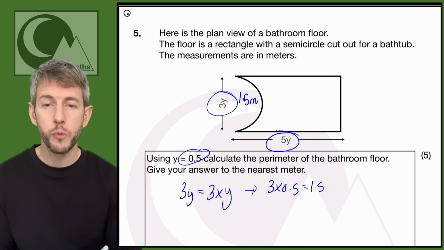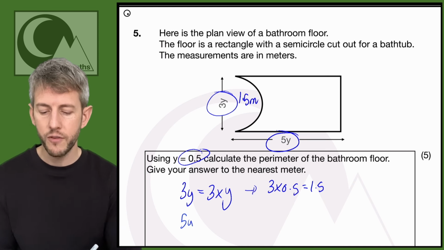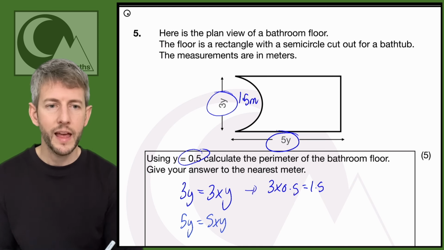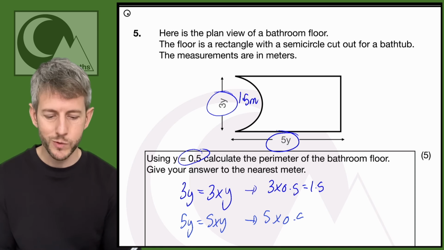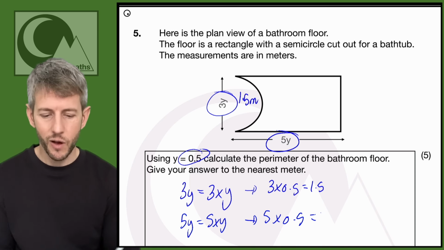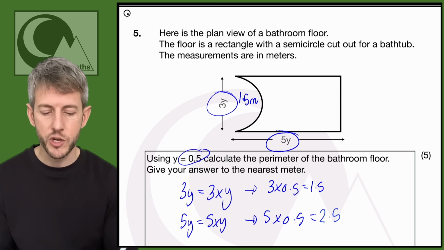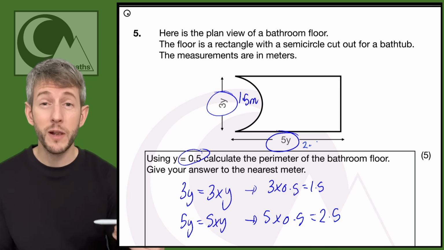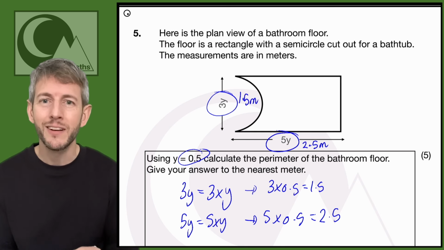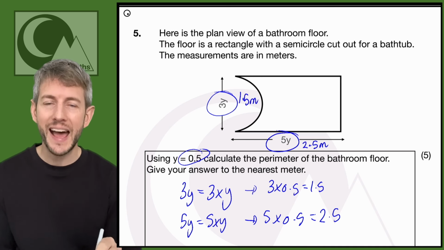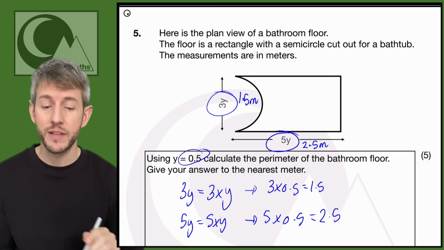And now with the 5y, let's do the same thing. I've got 5y equals 5 times y, and that means that this is 5 times 0.5, and that equals 2.5. So I know that this measurement here is 2.5 meters. As this is largely a rectangle, well, it is a rectangle with a semicircle cut out, we can now use that knowledge to fill in some of these other lines.